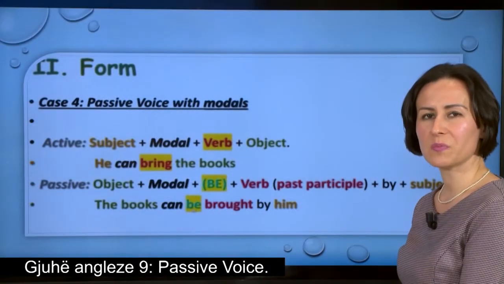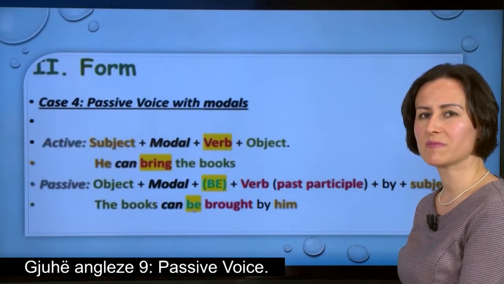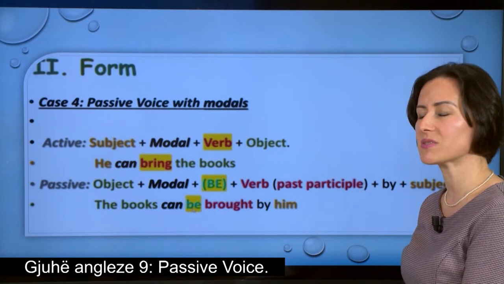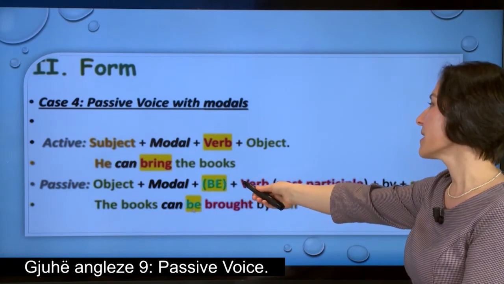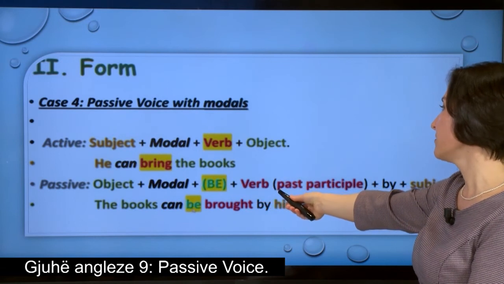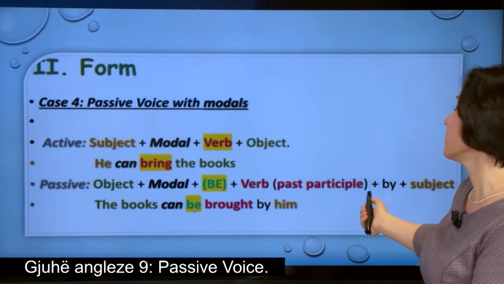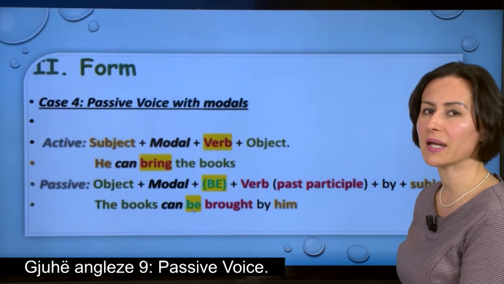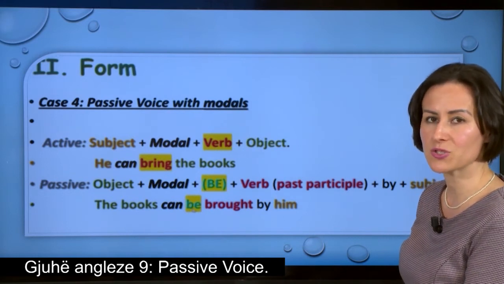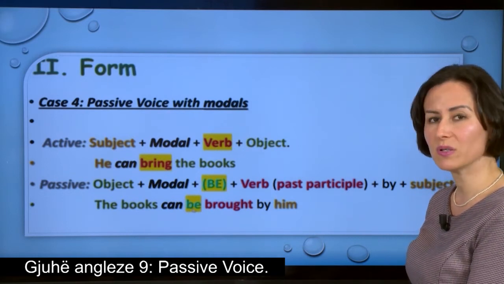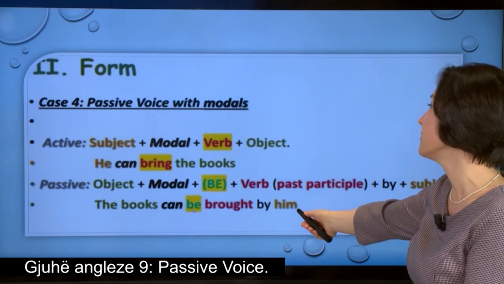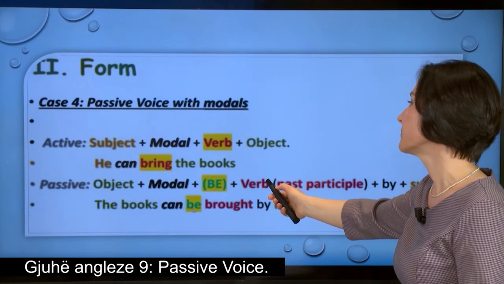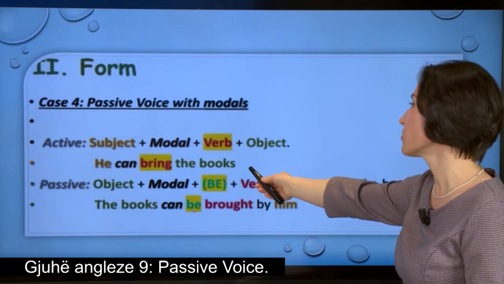The passive voice is formed according to this structure: object plus modal plus verb to be plus verb in the past participle, followed by and the agent. For example, the books can be brought by him. So, he can bring the books.